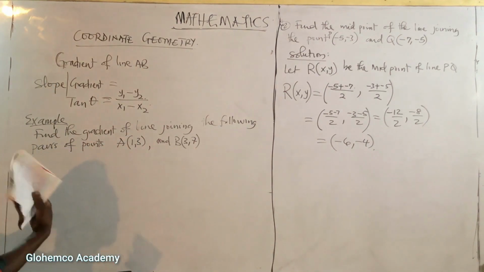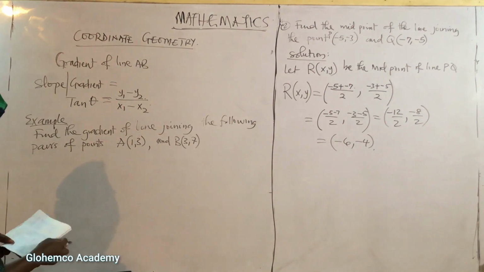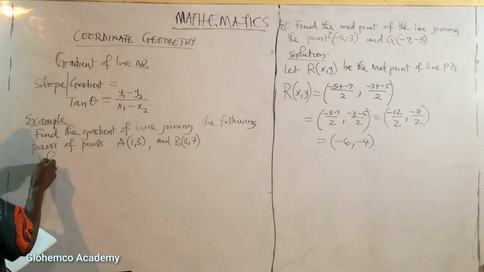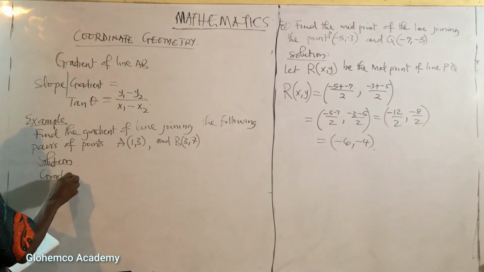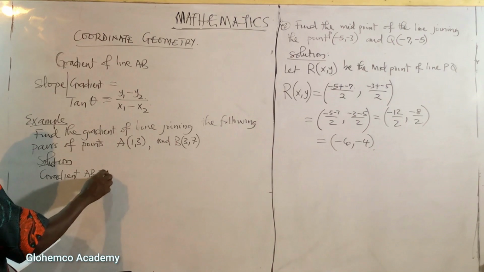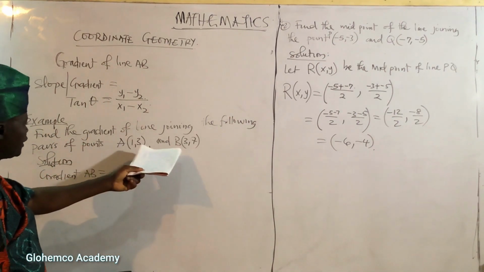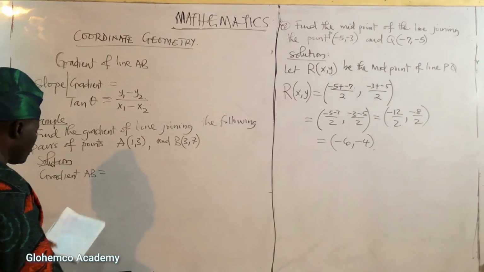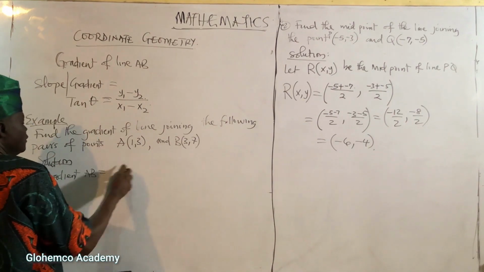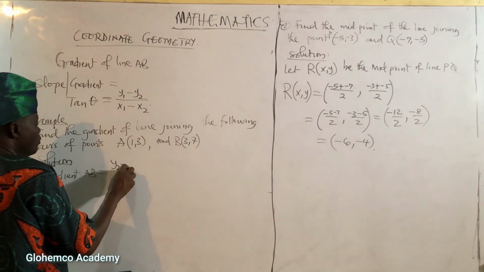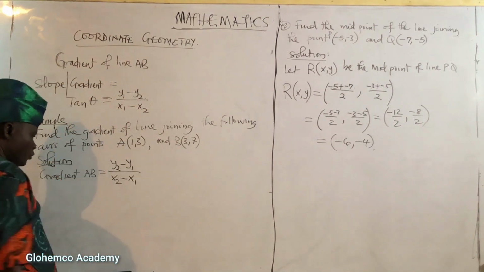Now, how do we find this gradient? We talk of gradient AB, because you have point A and point B. According to our explanation here, the gradient will be y2 minus y1 all over x2 minus x1.